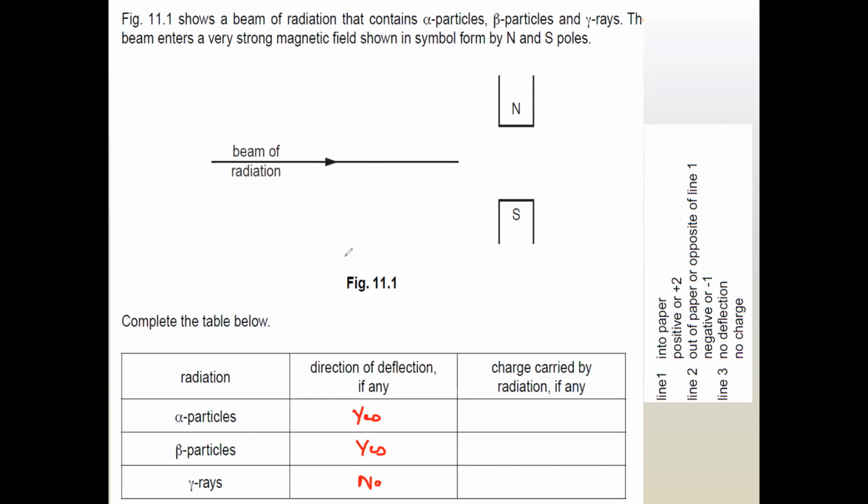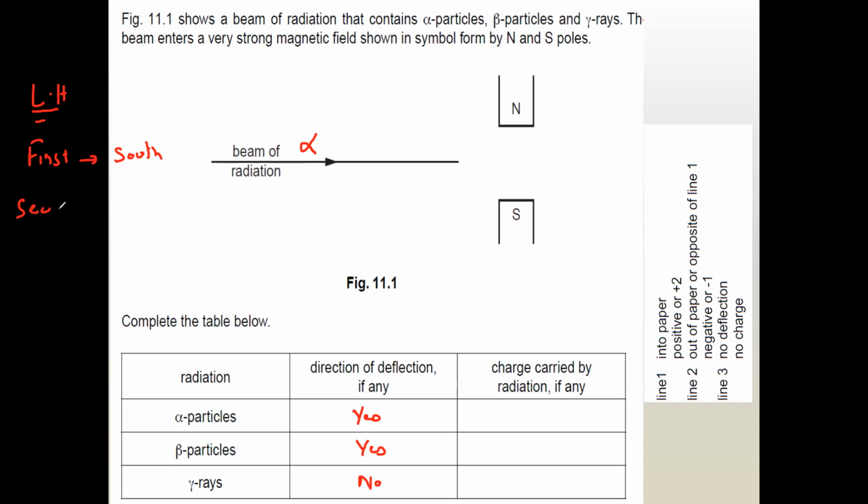But now how do we work out the direction? For direction, we have to use a rule here. For example, if this was alpha, we'll use the left hand. In the left hand, your index finger, the first finger, will point towards the magnetic south.